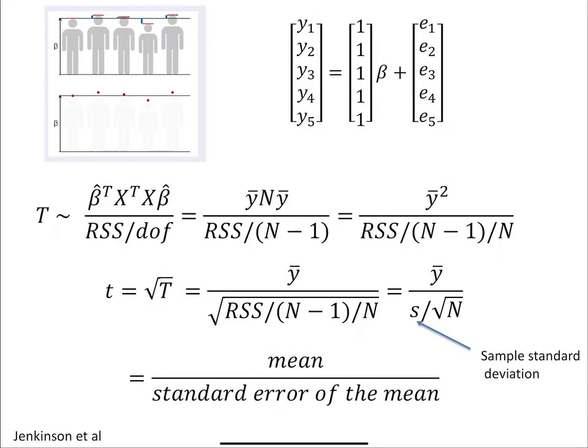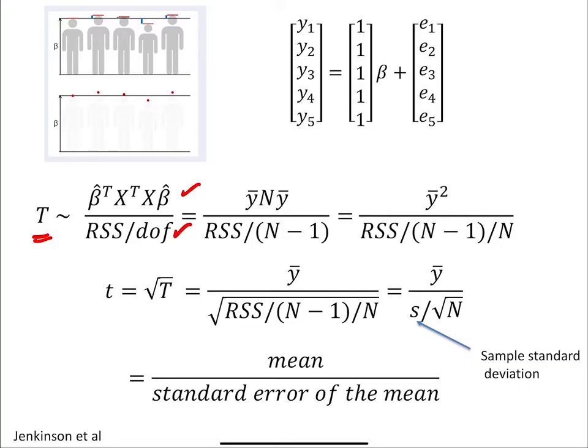All right? Okay, so let's look through that t statistic. The general form for a statistic has this on the top and the RSS divided by degrees of freedom on the bottom.